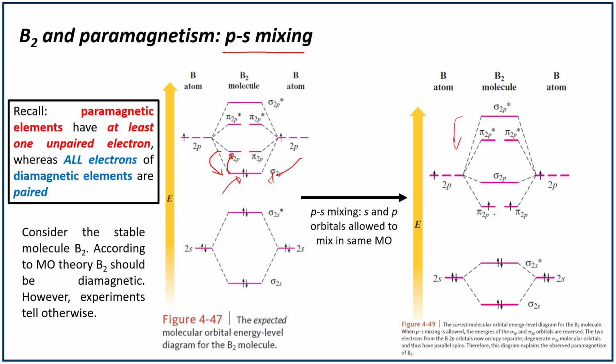Following Hund's rule of maximum multiplicity, we have to half fill each of these individual pi 2p orbitals first. That's why, with the structure on the right versus the structure on the left, we have 2 unpaired electrons, and that's the reason why diboron is paramagnetic instead of diamagnetic.